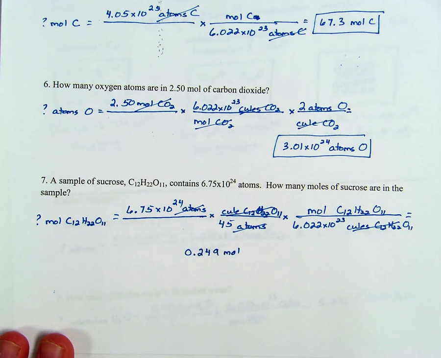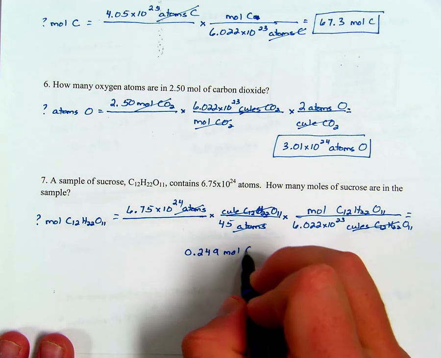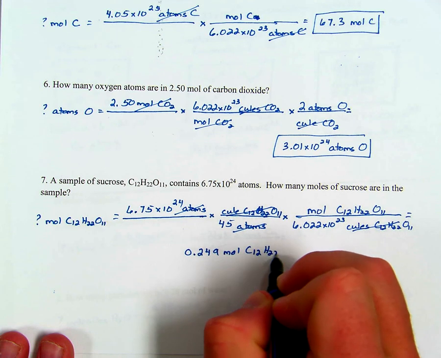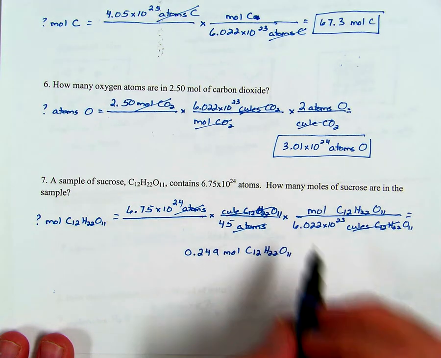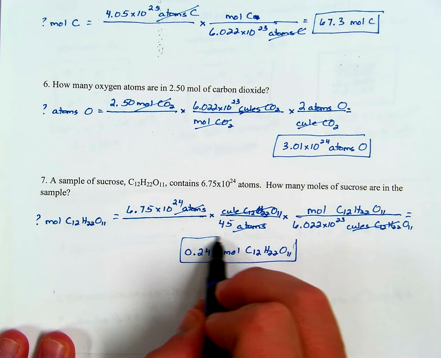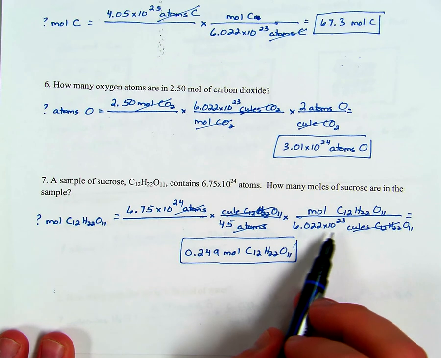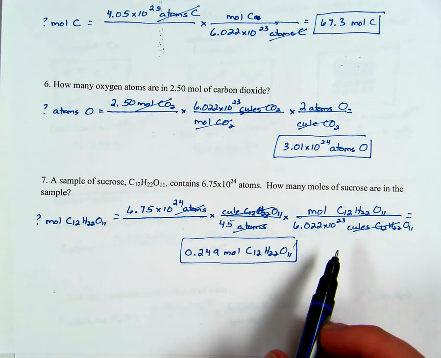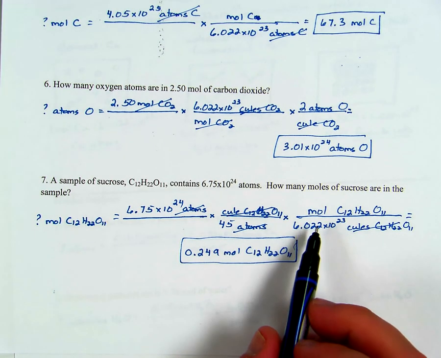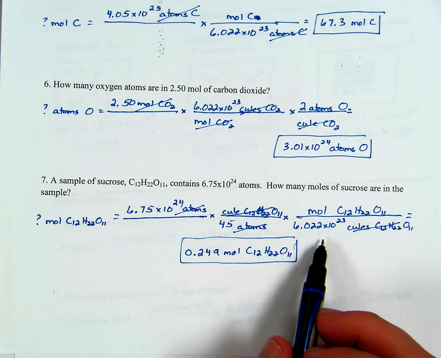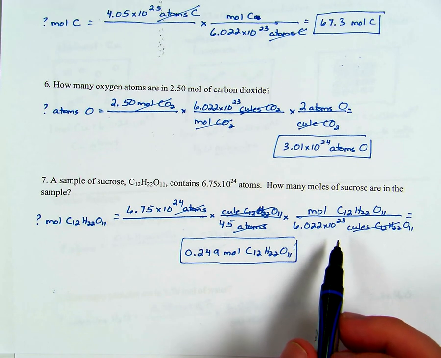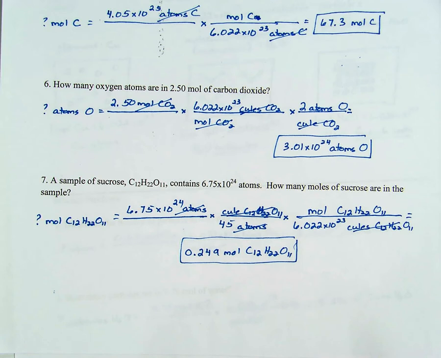C12H22O11. Note about sig figs here. Avogadro's number is measured, meaning as we write it, the 6.022 times 10 to the 23rd, that is 4 sig figs. You could look it up to more sig figs if you wanted to. Very rarely would we ever need more sig figs than that, so it's really not necessary. And notice here, this first conversion factor we use, there would be exactly 45 atoms in a molecule.